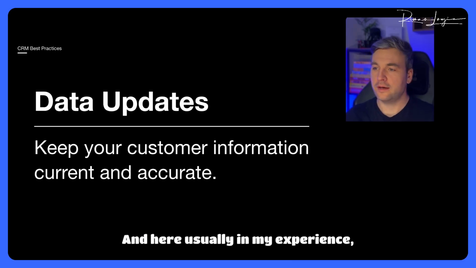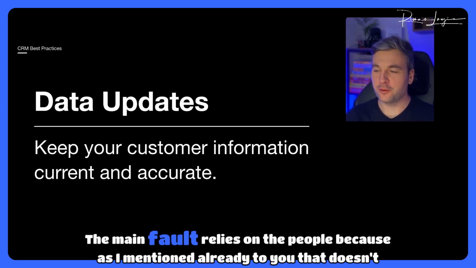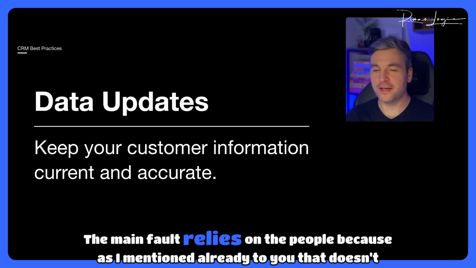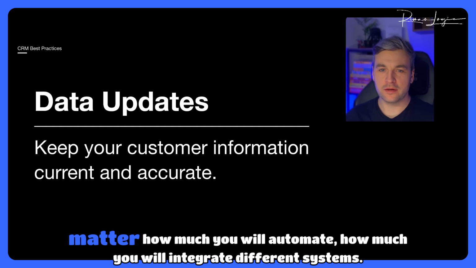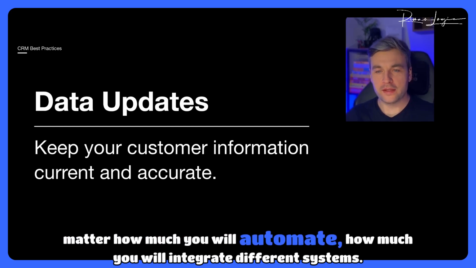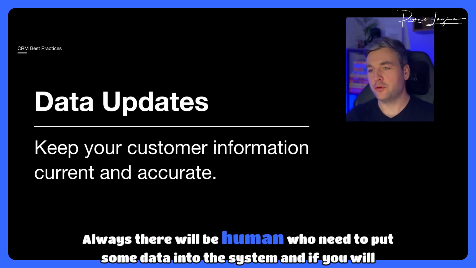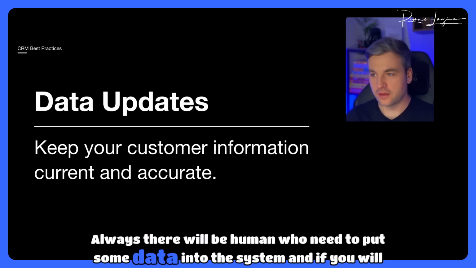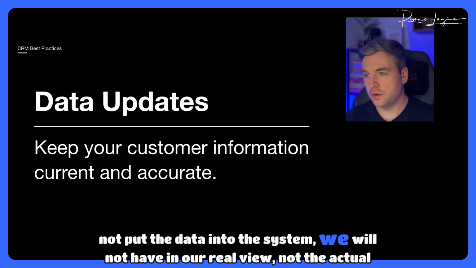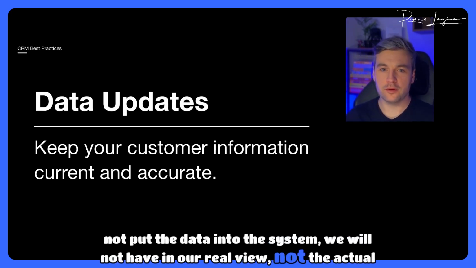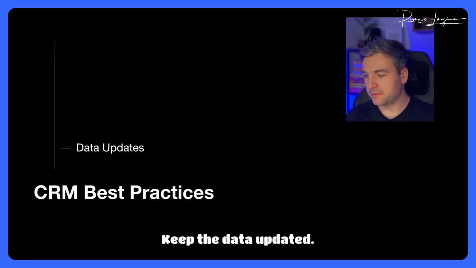Usually, in my experience, the main fault lies with the people, because as I already mentioned, it doesn't matter how much you automate or how much you integrate different systems, there will always be a human who needs to put some data into the system. And if you don't put the data into the system, we will not have a real view of the actual situation. So this is very important. Keep the data updated.